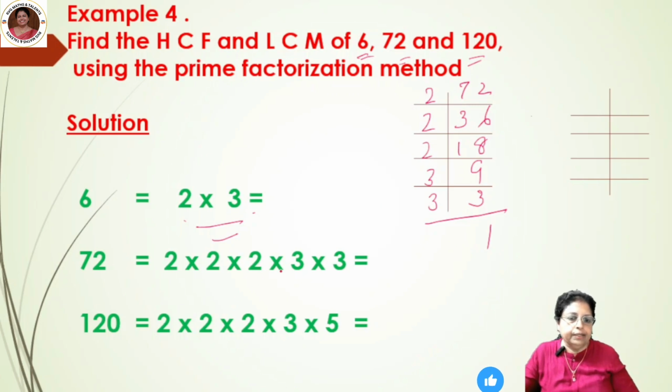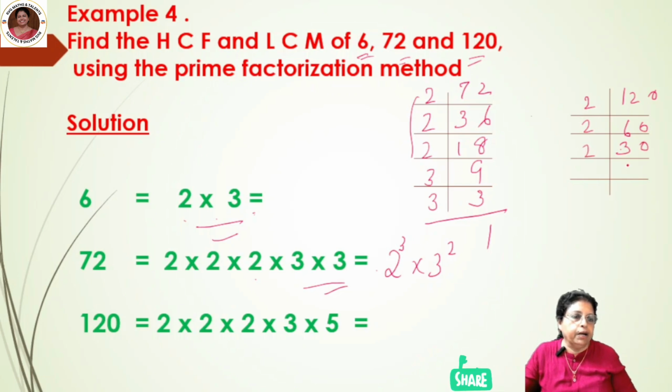Okay. Then it is 2 how many times? 3 times. 2 times 2 times 2 times 3 times 3. So that is prime factorization of 72. Okay. That is 2 cube 3 square. Here it is 2 times 3. Here 120. 120 can be factorized like this. 2 times 60. 60 is divided by 2, then 30.